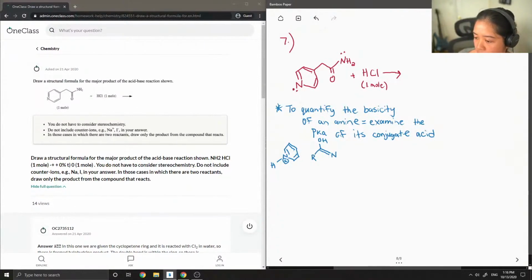So another way you can call the pKa of a conjugate acid is to just call it the pKaH. And basically the trend for this is that the higher the pKaH, the stronger the base.